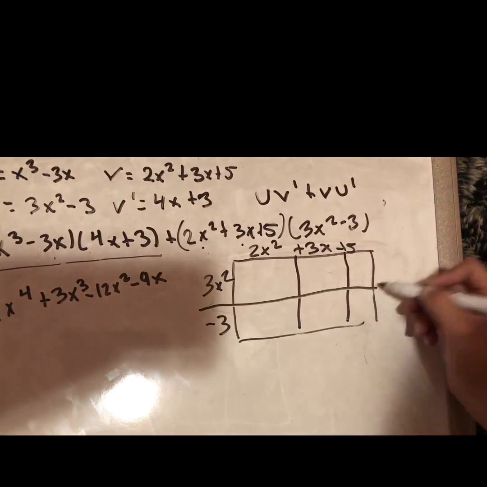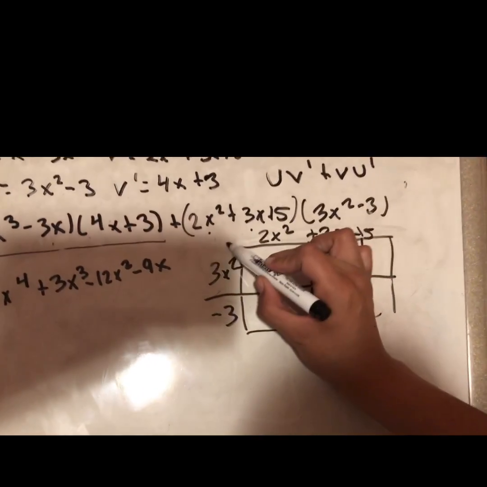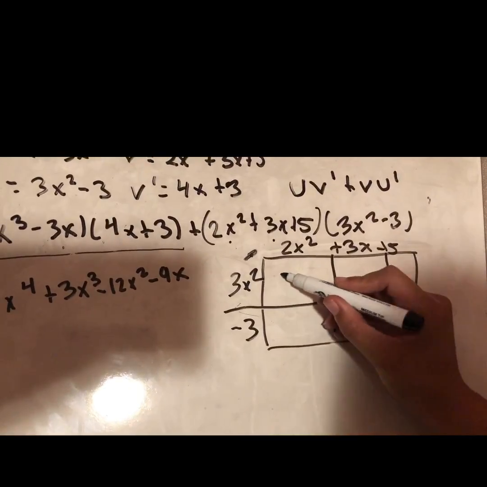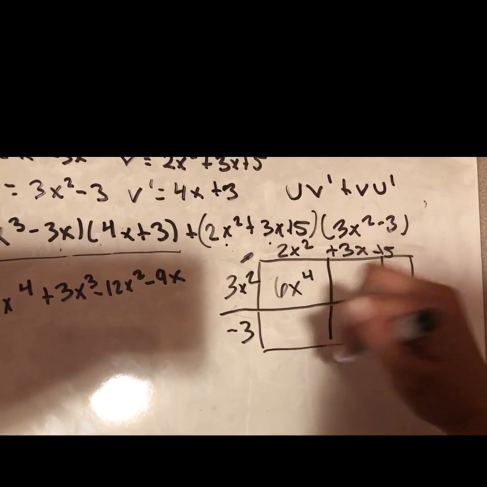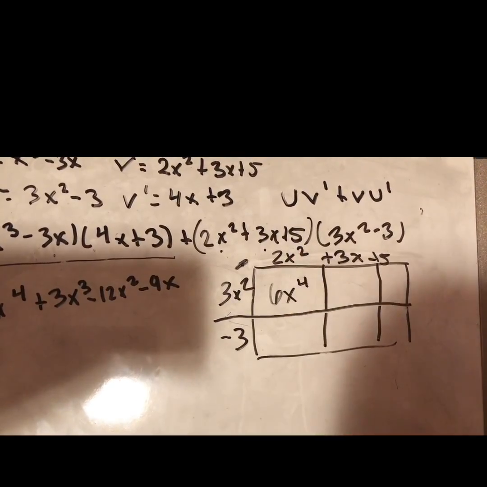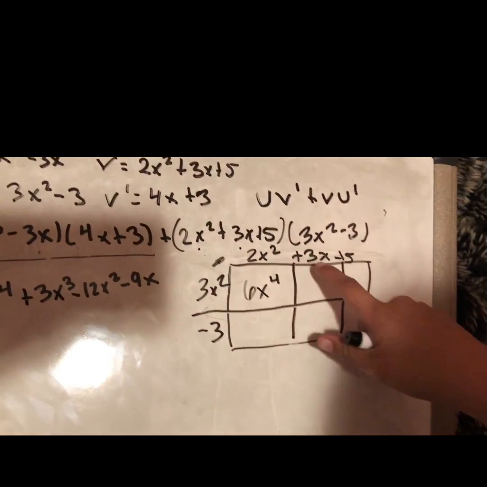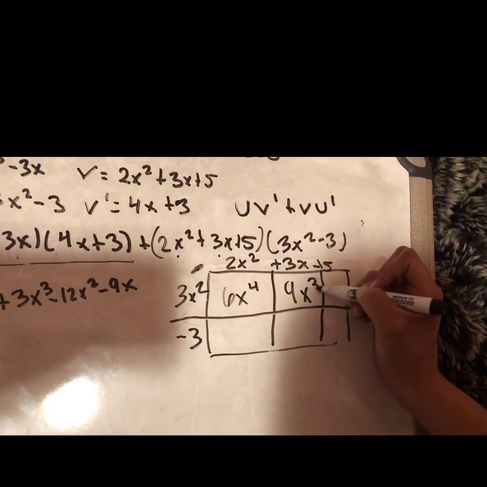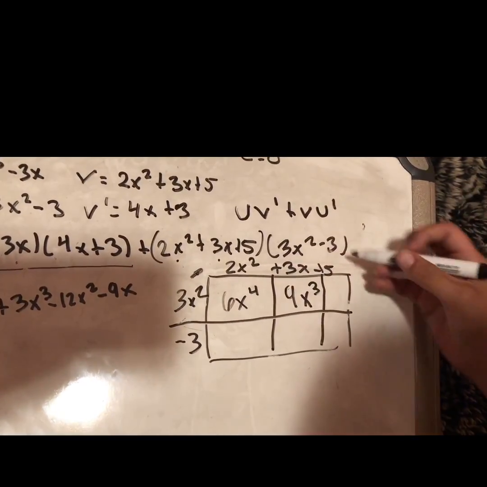So it would be like that. So now we would do the same. We would multiply 3x squared times 2x squared, which is 6x to the power of 4, since you're adding the exponents. So now you would do 3x squared times 3x, which would be 9x to the power of 3, since you're adding the exponents again.